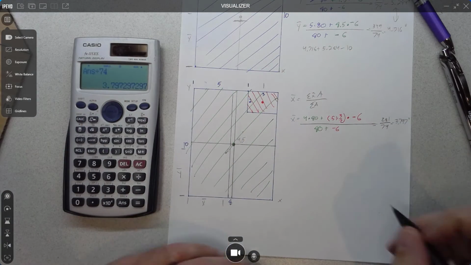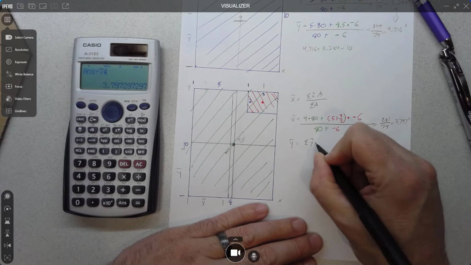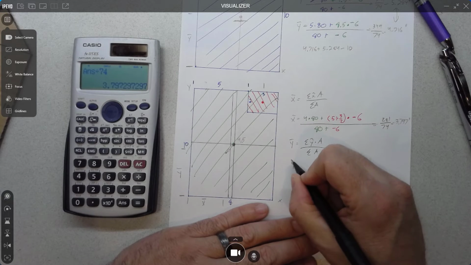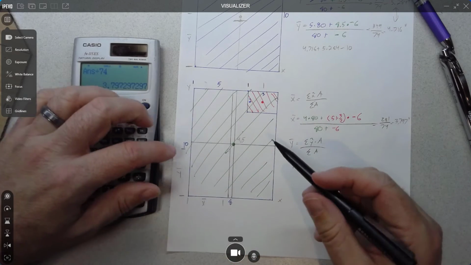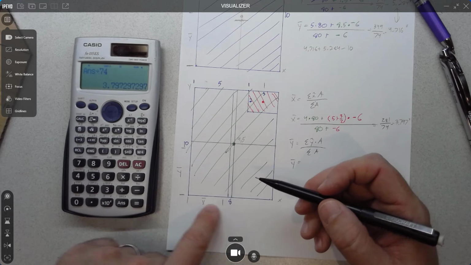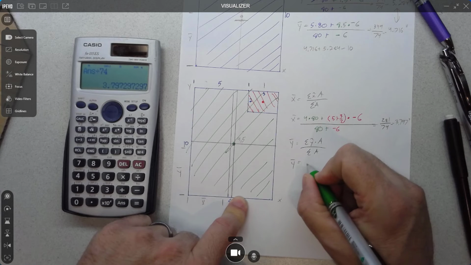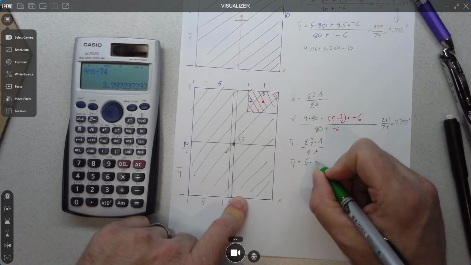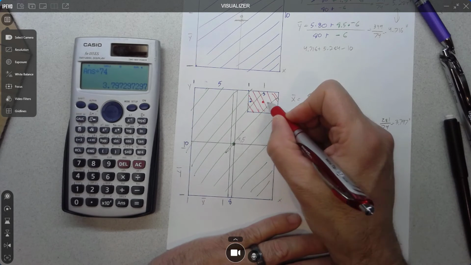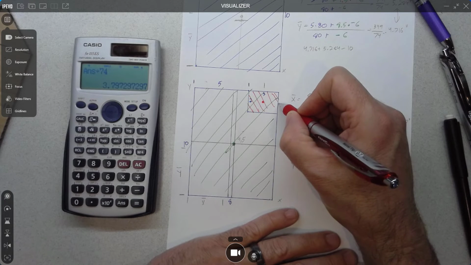And now let's do it for the y. So y bar is going to be equal to the sum of the individual y's times individual areas, over the sum of the areas. Now we're looking at distance from x. For the green area, the distance from this bottom x-axis up to the centroid is 5. So individual y is 5 times the area of 80, plus, now it's the distance up to the centroid here, so it's going to be 10 up to here minus 1 to get back down, so it's a distance of 9.